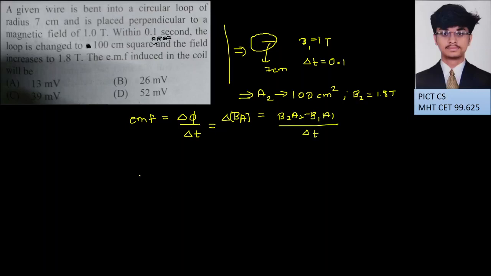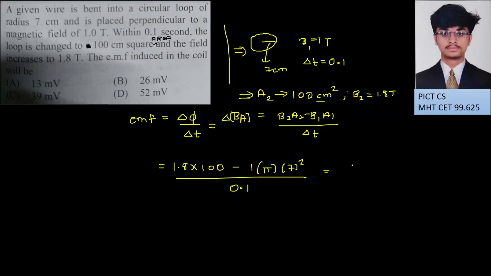So now we have to substitute the values. B2 is 1.8 and A2 is 100 centimeter square. I'll keep it in centimeter square, later I'll convert to meters. Alright, minus, what's B1? It's 1. And what's the initial area? It's a circle, so it will be pi r square, that is 7 square, whole upon delta T, which is 0.1.